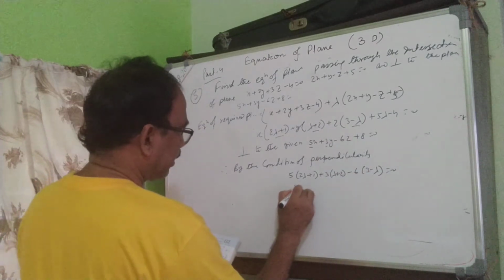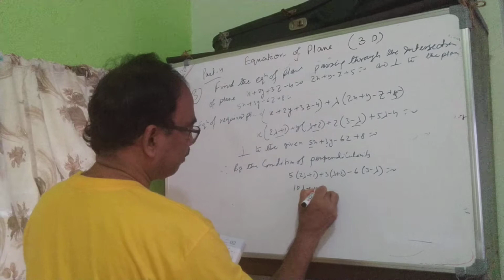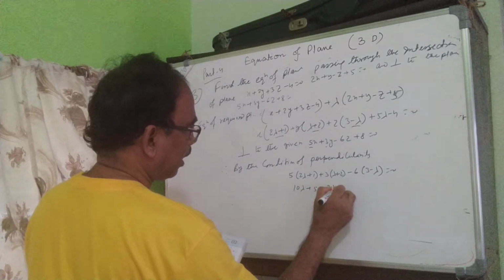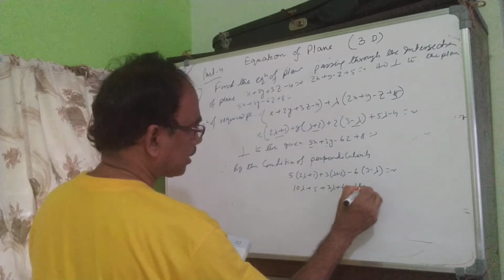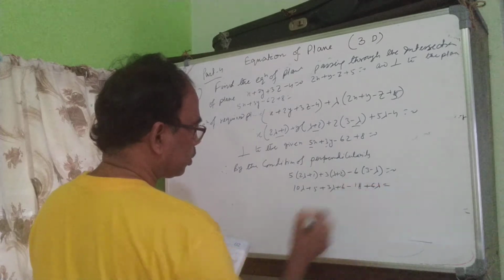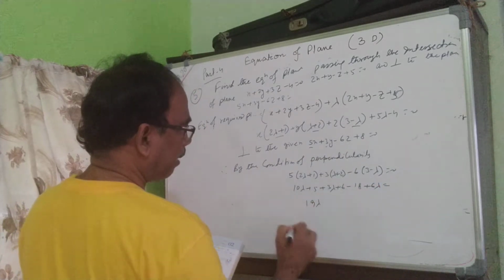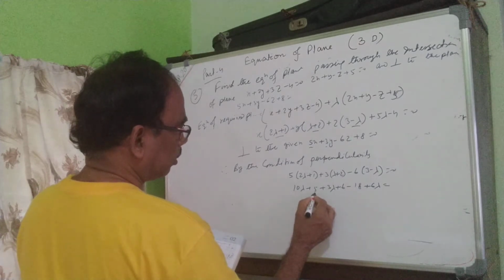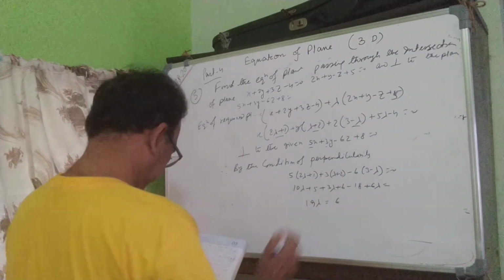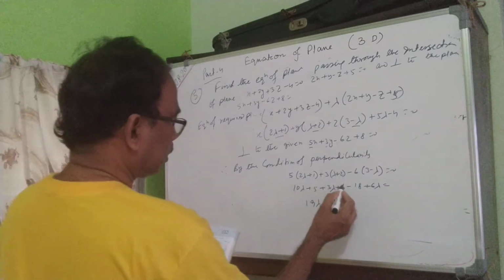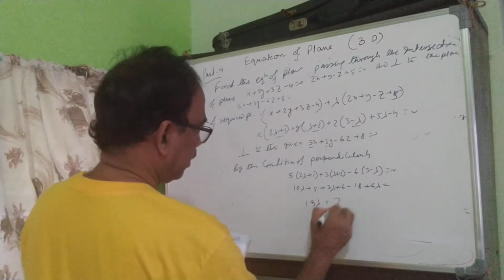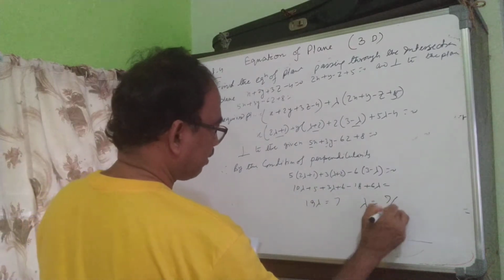Then 10 lambda plus 5 plus 3 lambda plus 6 minus 18 plus 6 lambda equals 0. So 19 lambda equals 7. Then lambda equals 7 by 19.